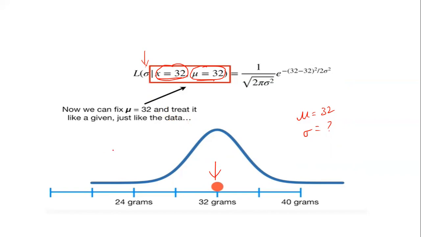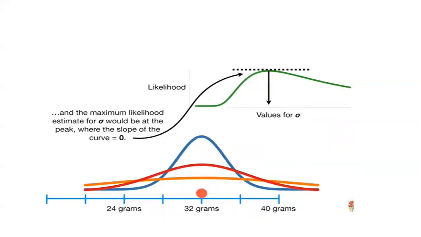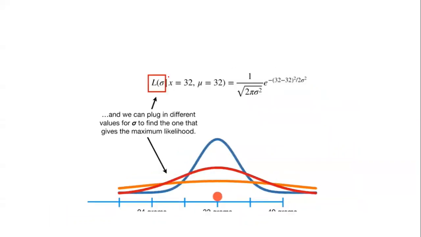For sigma also, we'll give different values and plot the graph, right? So for different values of sigma, by fixing x and mu, we can plug in different values of sigma to find the one that gives the maximum likelihood, right?